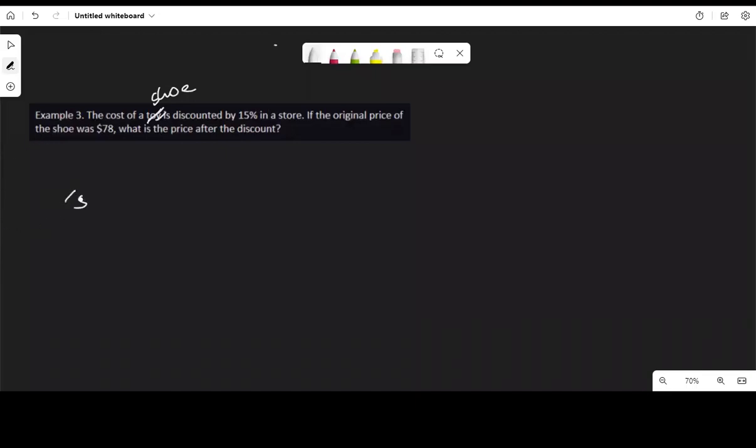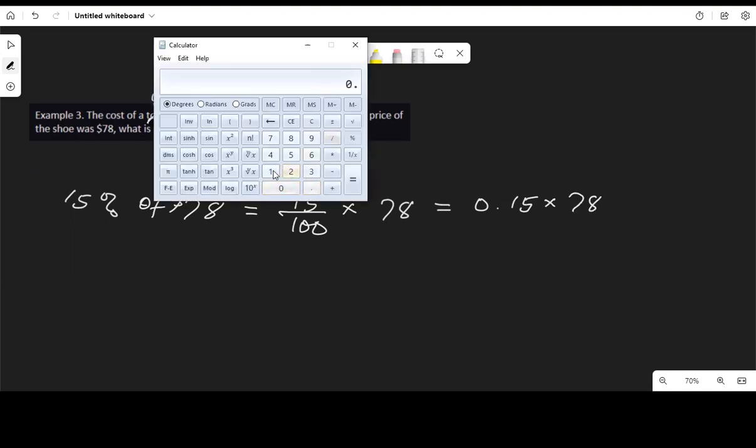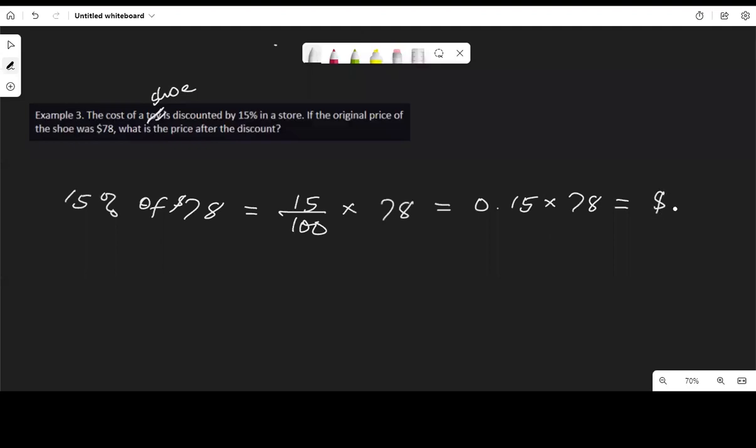So 15% of $78 will be 15 over 100 times 78, which is 0.15 times 78. 0.15 times 78 is 11.7. $11.7.